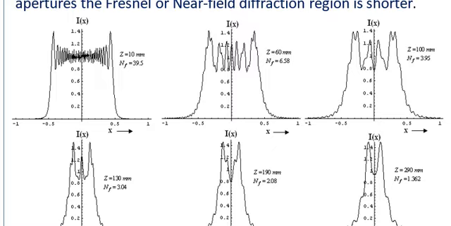Now in the third one, we have taken z equal to 100 millimeter, and if you put the aperture width w equal to 1 millimeter, you will find that the NF value is equal to 3.95. You can see that the width of our Fresnel field has broadened beyond minus 1 to plus 1, and the variations in the intensity have a little more smoothness, because we are getting fewer variations.